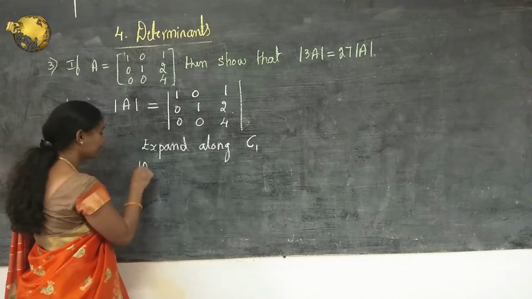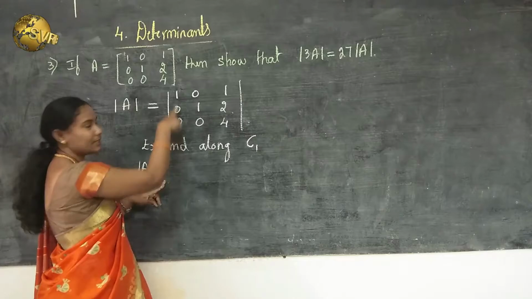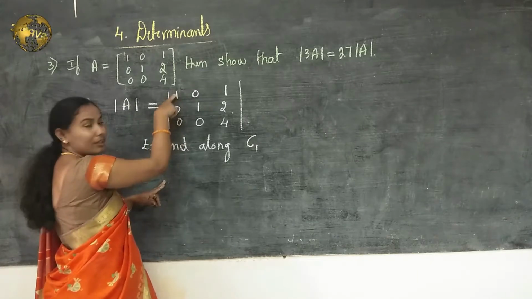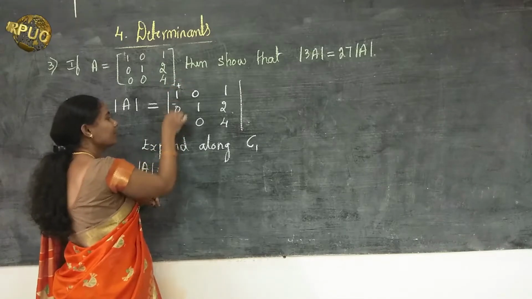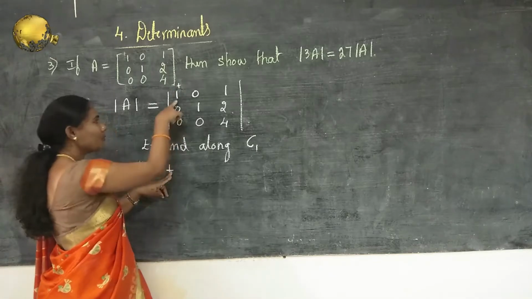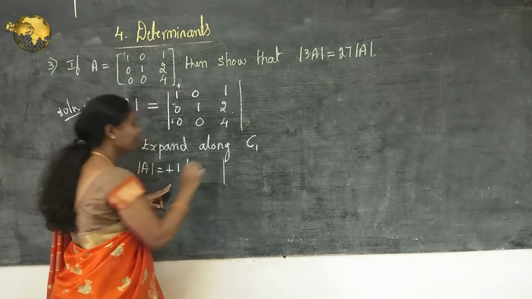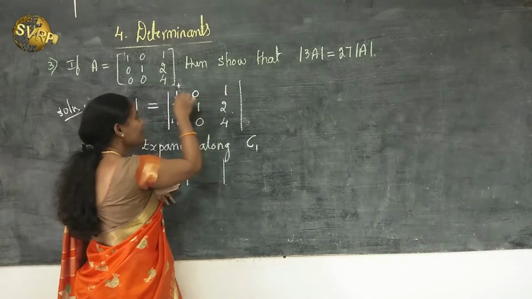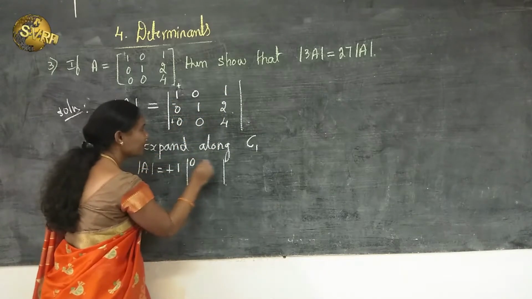So, determinant of A is equal to, expanding along C1. The first element in the first column is 1, and the position signs are plus, minus, plus. So plus 1 into the determinant of the remaining elements: this 1 is in the first row and first column, so we neglect those; 1, 2, 0, 4 are the remaining elements.